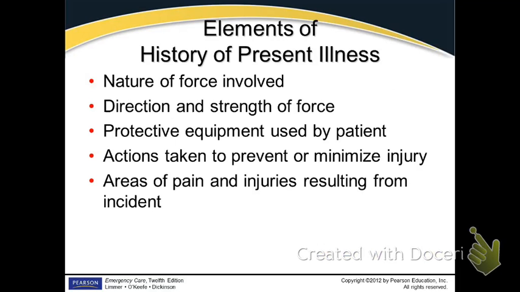You start looking at, was a gun involved? Is it a stabbing? Is it a car versus car versus tree? The strength, the speed. Was there any airbag deployment? Anything that, like on a motorcycle, were they wearing a helmet?